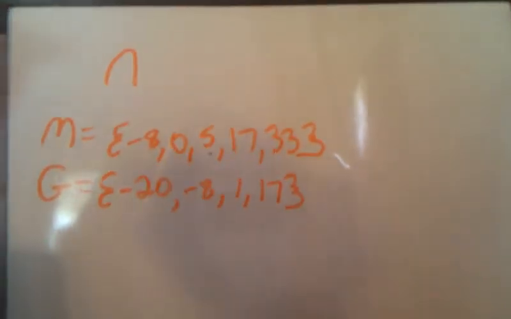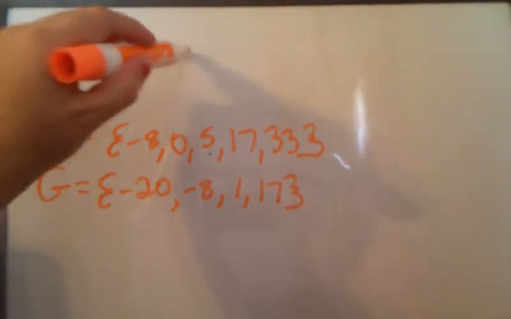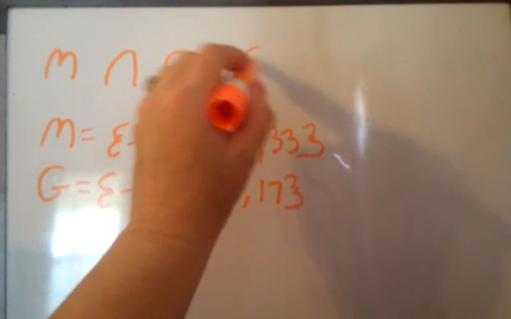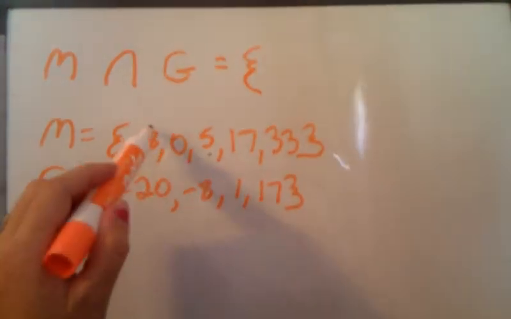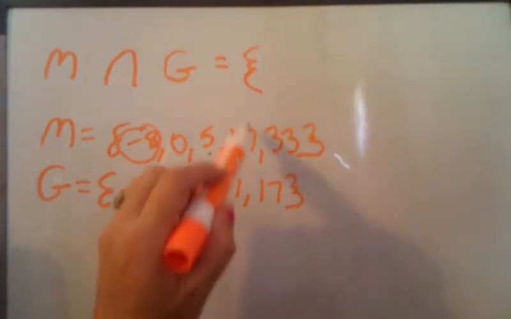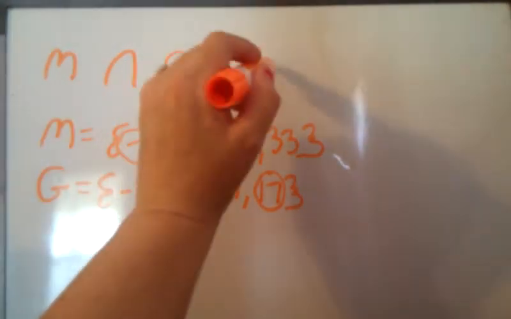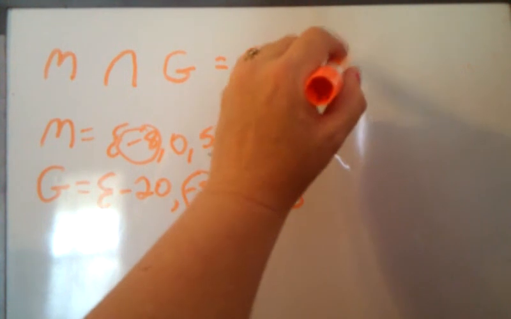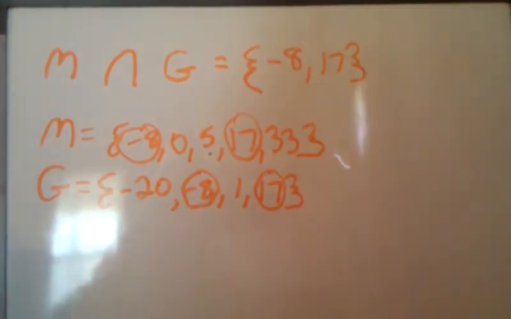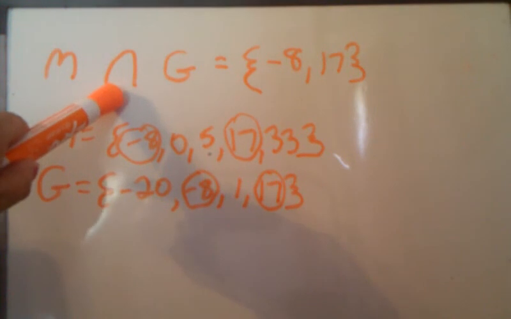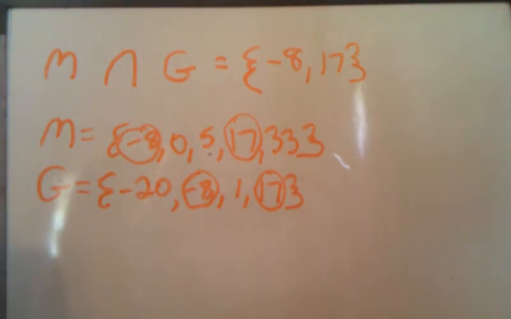I'm leaving a few out there. What is M intersection G? M intersection G equals, let's see, they both have a -8. They both have a 17. Those are the only ones alike. So my intersection is going to be -8 and 17, because on intersection, I'm only listing the ones that they both contain. Remember, intersection looks like an N. Union looks like a U.